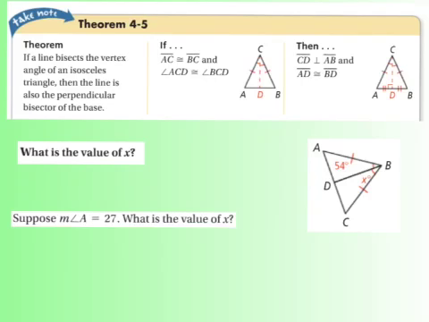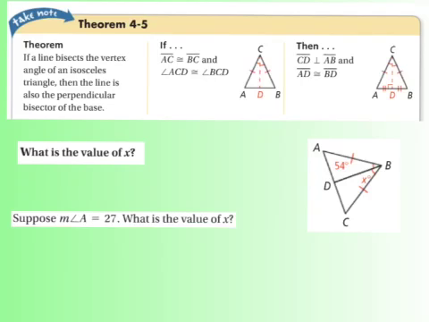Here we come to another no-name theorem. This theorem says that if a line bisects the vertex angle of an isosceles triangle, so here we have this line bisecting the vertex of the isosceles triangle. Well, since it's bisecting the angle, we know it's creating two congruent angles up top.